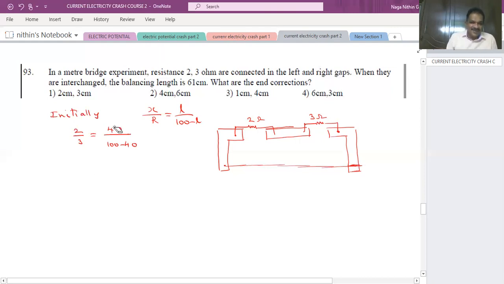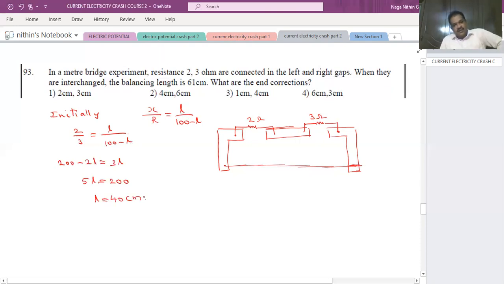So we have to find this value. This is L by 100 minus L. So 200 minus 2L is equal to 3L. 5L is equal to 200. L is equal to 40 centimeter. That is the value of L.